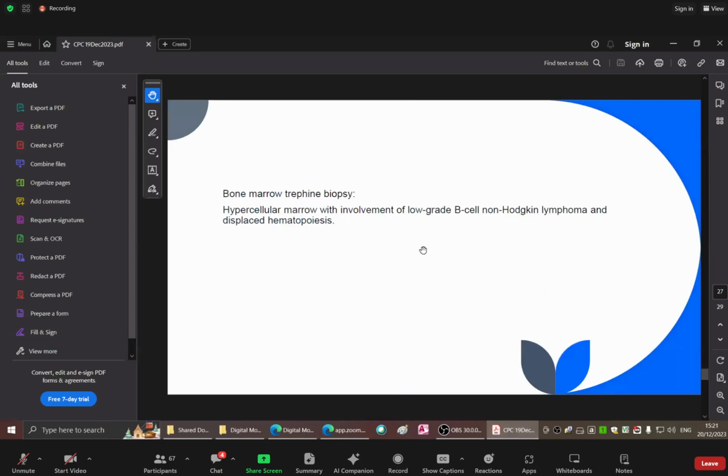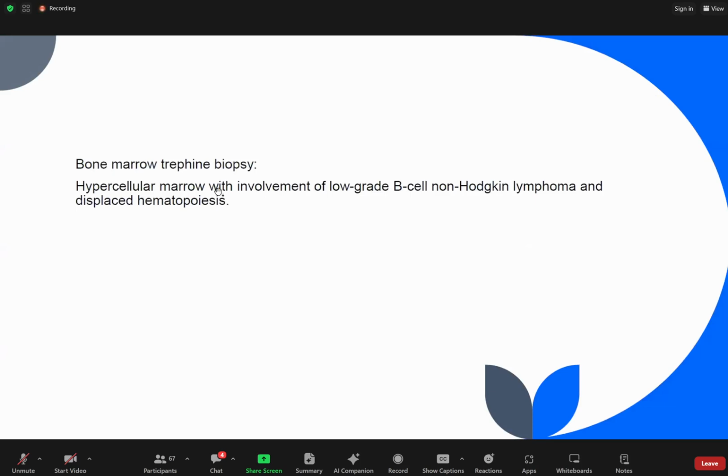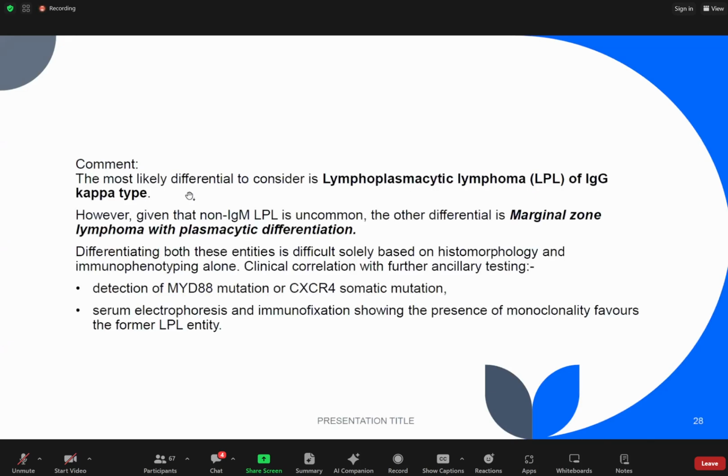So in conclusion, the bone marrow trephine biopsy shows hypercellular marrow involvement of a low-grade B-cell non-Hodgkin lymphoma and displaced hematopoiesis. The most likely differential in this case is LPL, lymphoplasmacytic lymphoma of IgG kappa type.